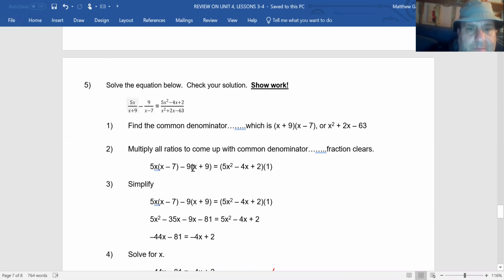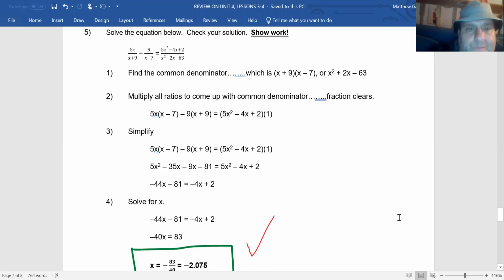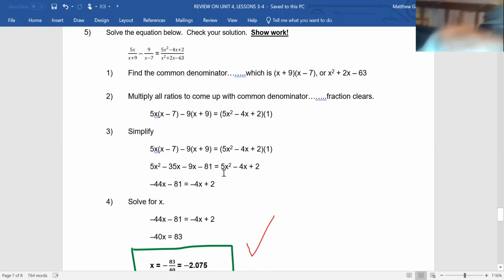Negative 9 gets multiplied by x plus 9. And the trinomial just stays by itself, so we multiply it by 1. You don't even have to show that. So 5x squared minus 35x minus 9x, and that's minus 81 equals 5x squared minus 4x plus 2. And the 5x squareds cancel.